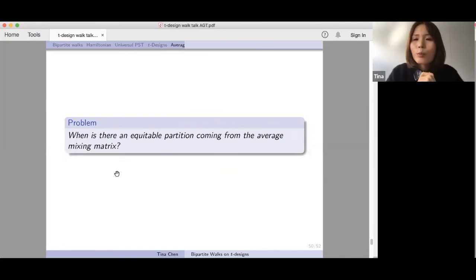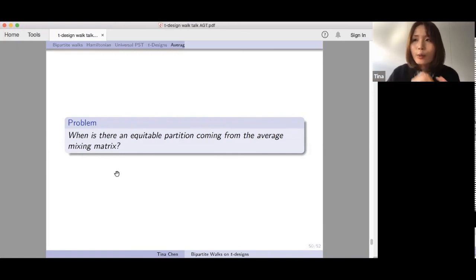So actually, equitable partitions are very handy when it comes to analyzing whether a graph has perfect state transfer or not, because if there's a perfect state transfer from A to B in graph G, and there's an equitable partition in which A is a singleton, then B should also be a singleton in that equitable partition.